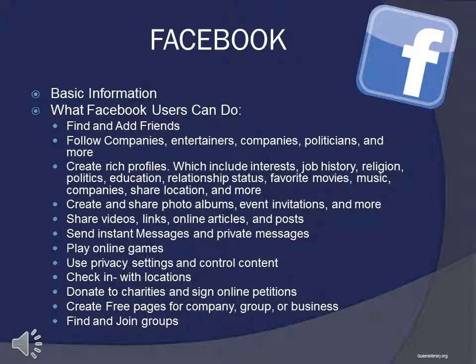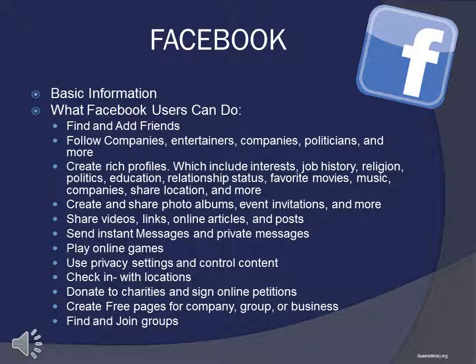So now we're going to talk about Facebook, and we're going to talk about the basic information. Facebook is the most popular social network in the United States and internationally. In October 2011, more than half of the world's internet users, 55%, engaged with Facebook. Around the world, approximately 3 in every 4 minutes spent on social networking sites were spent on Facebook, and about 1 in every 7 minutes spent online took place on Facebook.